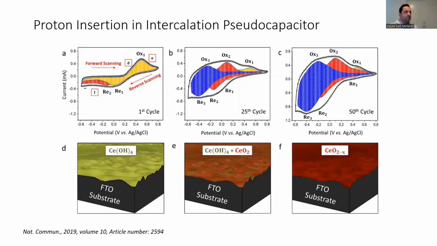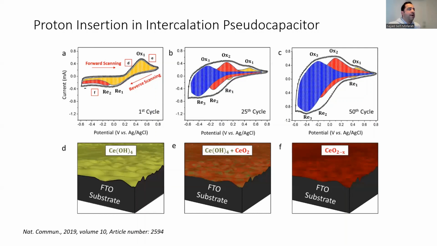Once we deconvoluted the big broad peak in the reduction, I'm talking about figure A, we got the yellow one, the orange one, and another peak underneath, which is colored in red. So two reduction reactions show that we can actually have more oxidation. During the second sweep over oxidation, we got the second oxidation peak that we labeled as OX2.